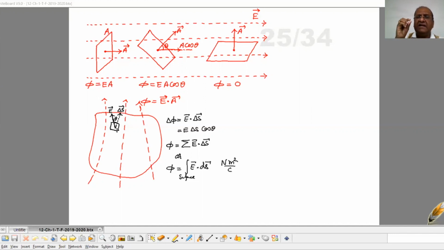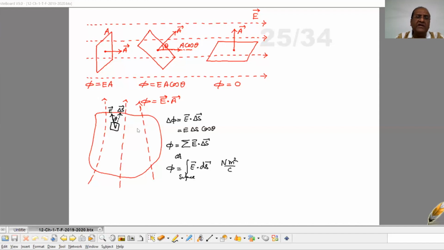And each element should be so small that for every point on that element, we can consider the electric field to be uniform. Now, suppose for this particular surface element under consideration, the electric field is E, its area vector is delta S, and suppose the angle between these two is theta. So the flux passing through this element is delta phi equal to E dot delta S. So we can write E delta S cos theta.